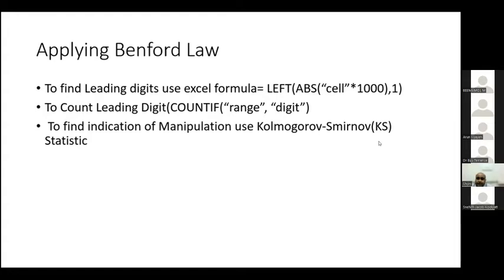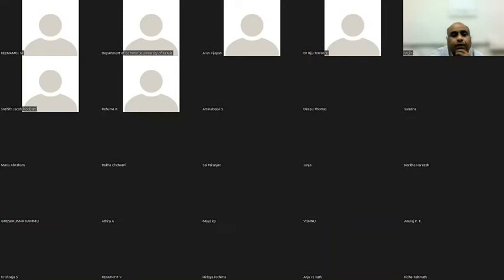If the maximum value is above the Kolmogorov-Smirnov cutoff, then we say there is a possibility of fraud. So let's try Benford's Law quickly. I'm stopping the slide, and I would ask somebody to share the screen. So we will try with Benford's Law now.